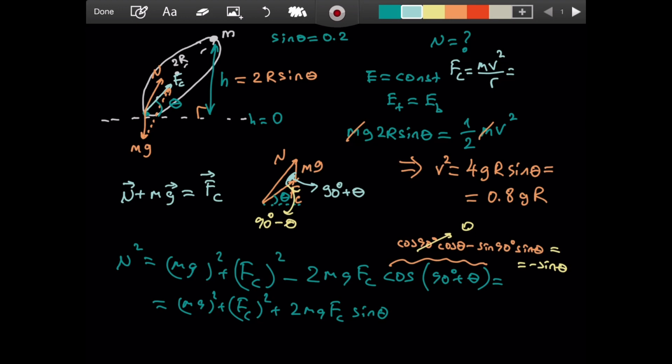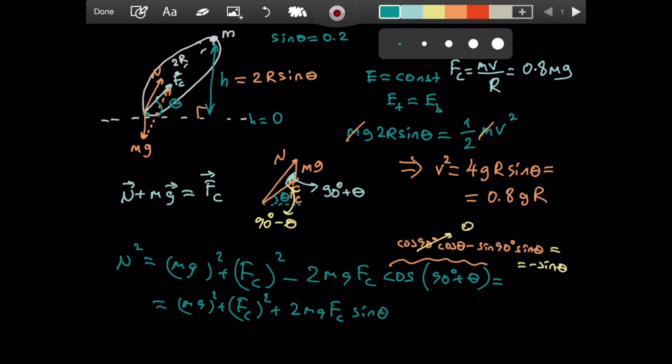If we substitute for v squared, then we see that, and this is capital R, the r's will cancel. I'm looking at this point. So we get 0.8 mg.